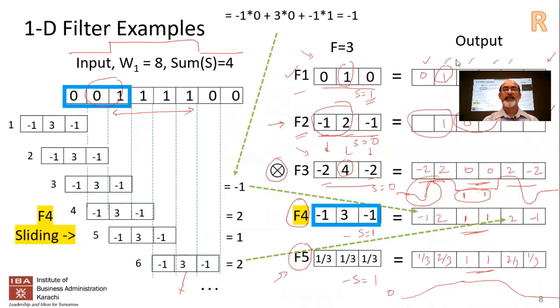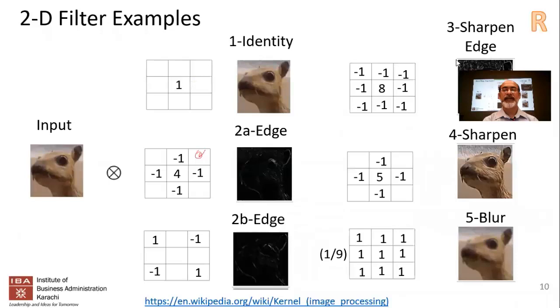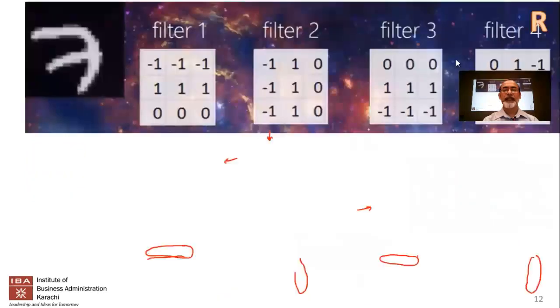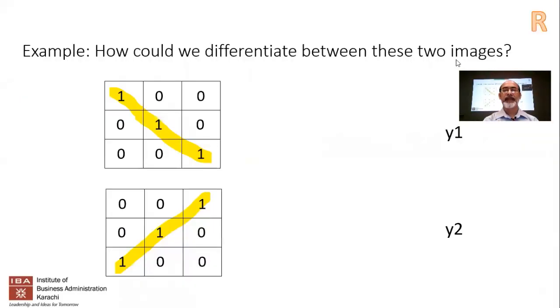And we looked at examples of filters which were one-dimensional, and then at two-dimensional filters. We also looked specifically at different examples of how edge filters can be used to detect different types of edges, as in this example. And then we went ahead with our first example, in which we were trying to categorize between one of two images.